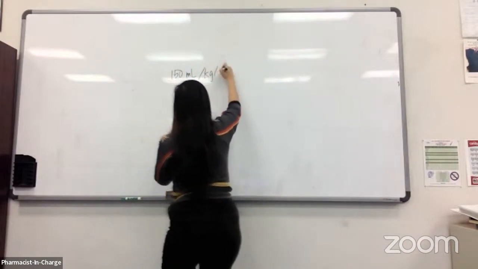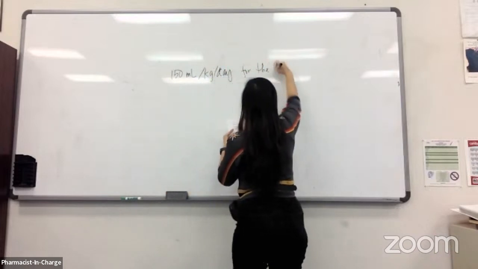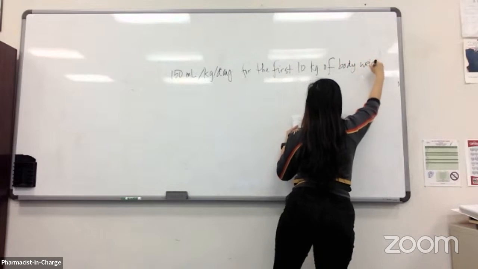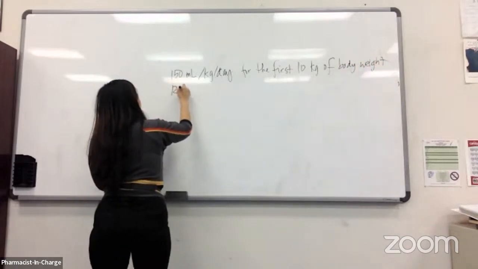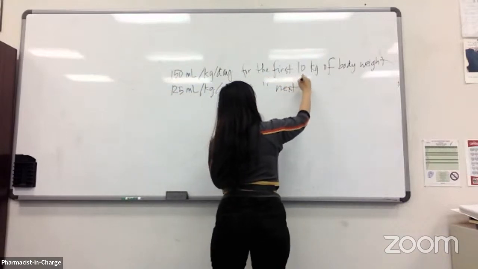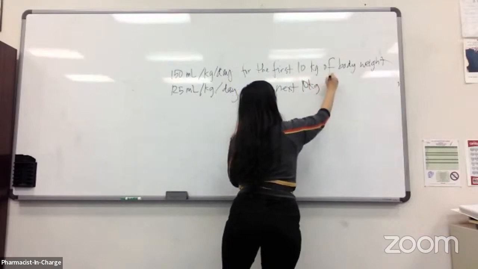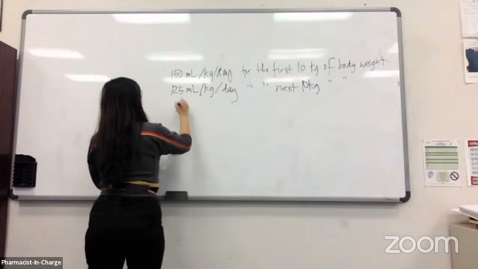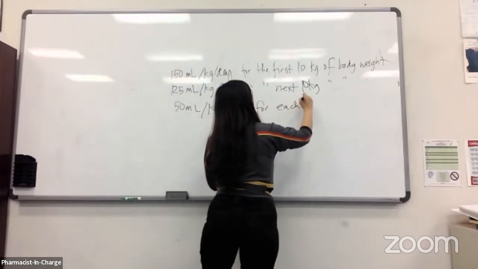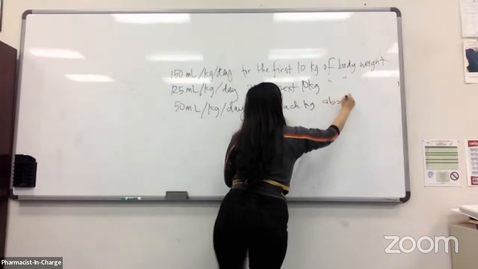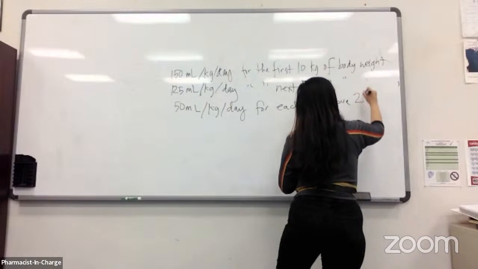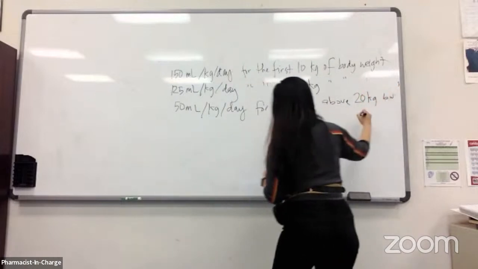This is 150 ml per kilogram per day for the first 10 kilograms of body weight, 125 ml per kilogram per day for the next 10 kilograms of body weight, and 50 ml per kilogram per day for each kilogram above 20 kilograms body weight.